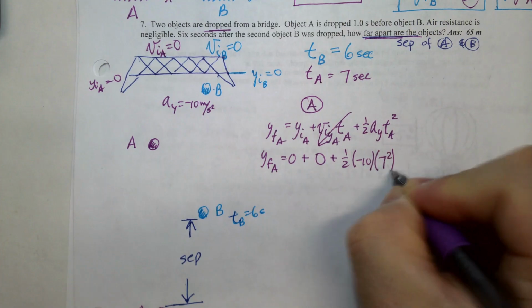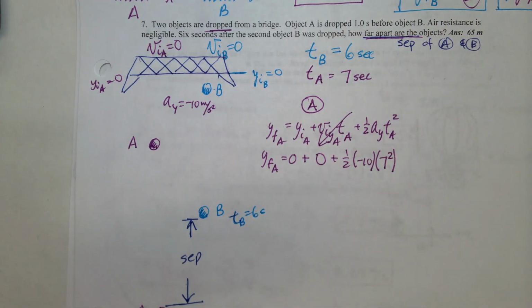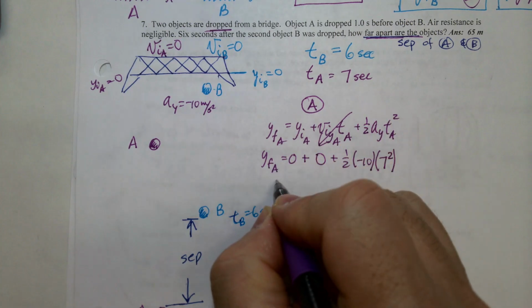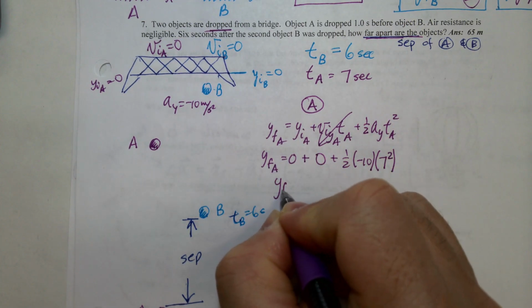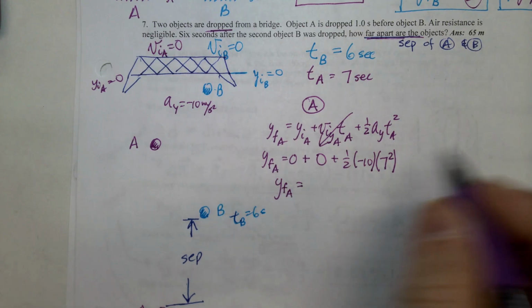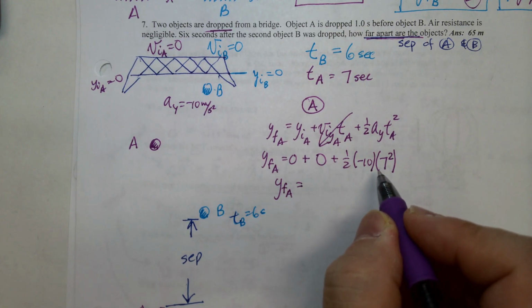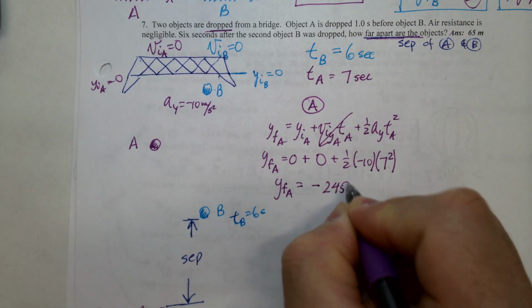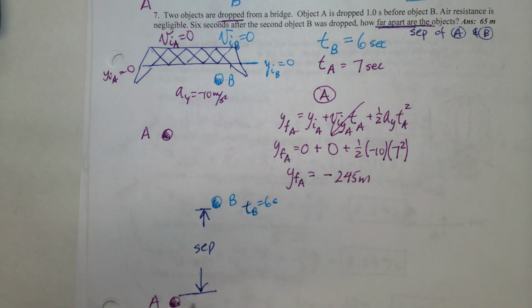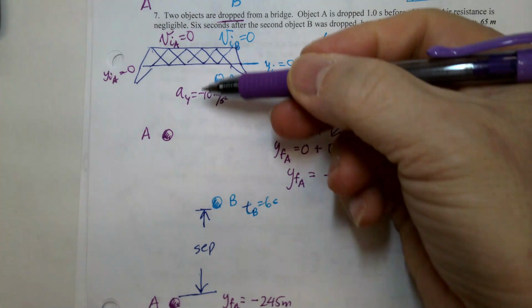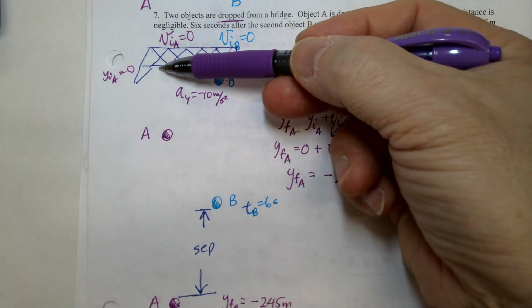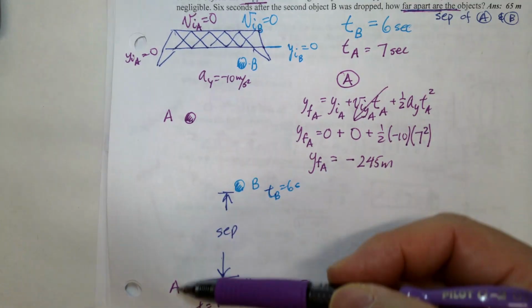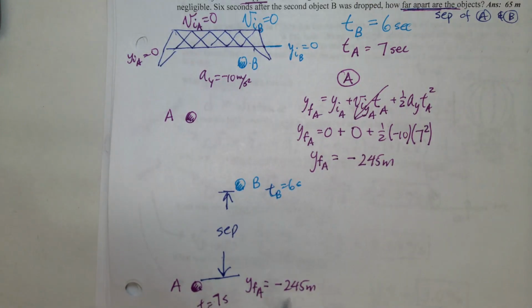You have to square that. So if you work that out, your final position for ball A, after it has fallen for 7 seconds, happens to be -245 meters. So at this position right here, your y final A is -245 meters, which means it has fallen down from our 0 starting point in the downward direction 245 meters.